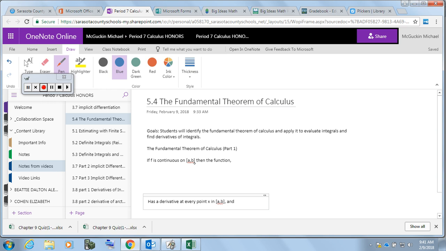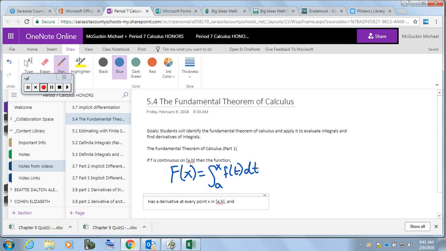Then what we can say is that the function capital F of x, our antiderivative, is equal to the integral from a to x of f of t dt. So if f is continuous on the interval from a to b, then the function capital F is equal to the integral from a to x of f of t dt.